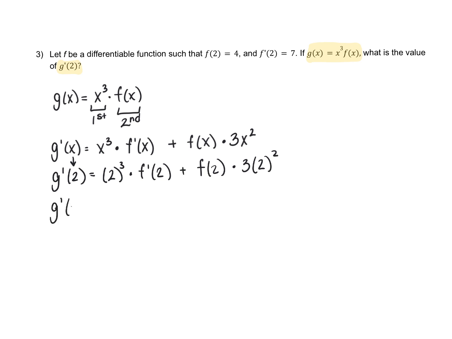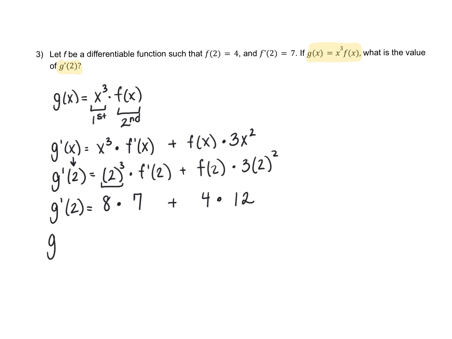So g prime of 2. 2 to the third here is 8 times f prime of 2. Well, they gave us that. F prime of 2 is 7. Plus f of 2, well, they gave us that. That's 4. And 3 times 2 squared, 3 times 4 is 12.